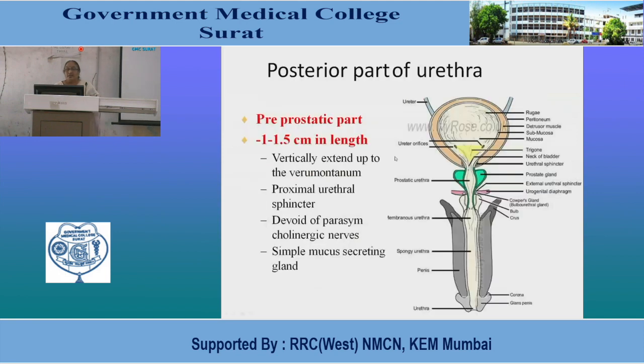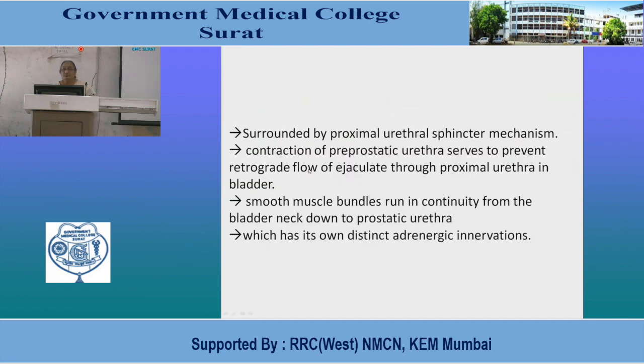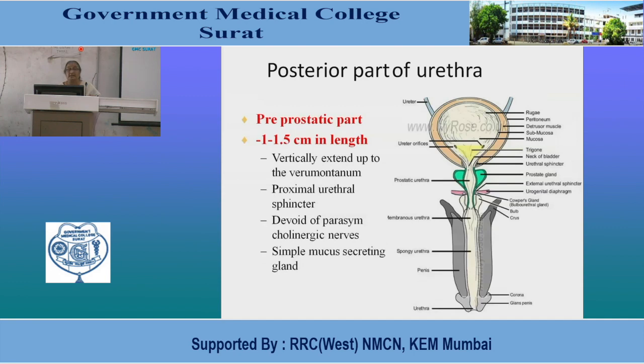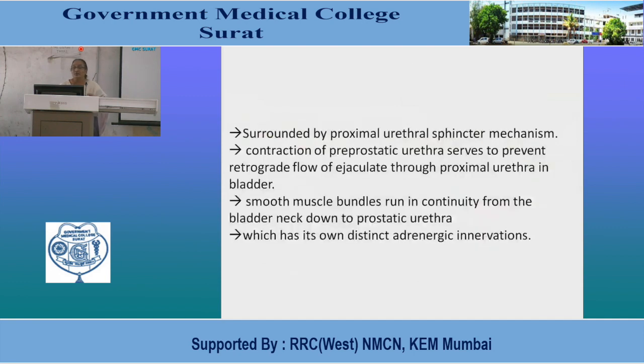Now here you can see the vertically extending portion, the diagram showing the posterior part of the urethra, surrounded by the proximal urethral sphincter, right? So this part is surrounded by the proximal urethral sphincter mechanism. Contraction of the pre-prostatic urethra serves to prevent retrograde flow of the ejaculate through the proximal urethra into the bladder.